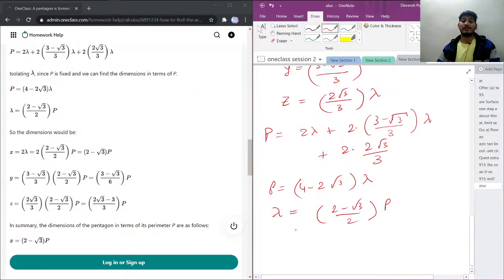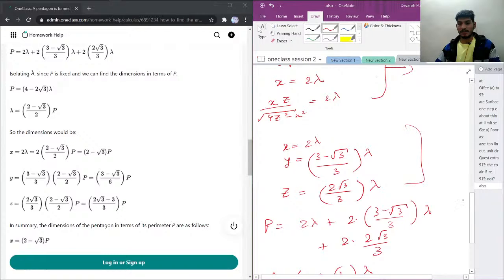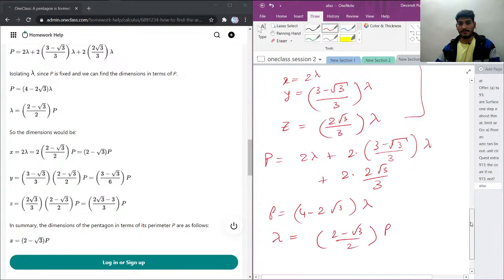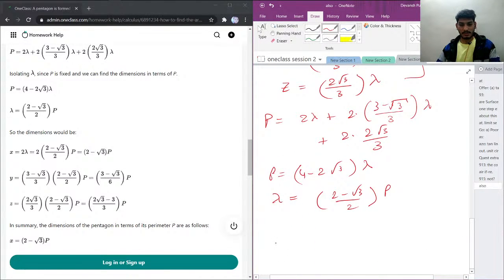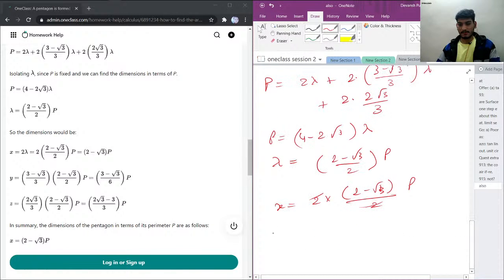Now we will substitute this value of lambda back into these relations to find x, y, and z. So x is 2 lambda, so x is 2 into 2 minus root 3 over 2 times p. This and this will get cancelled. X equals 2 minus root 3 into p.